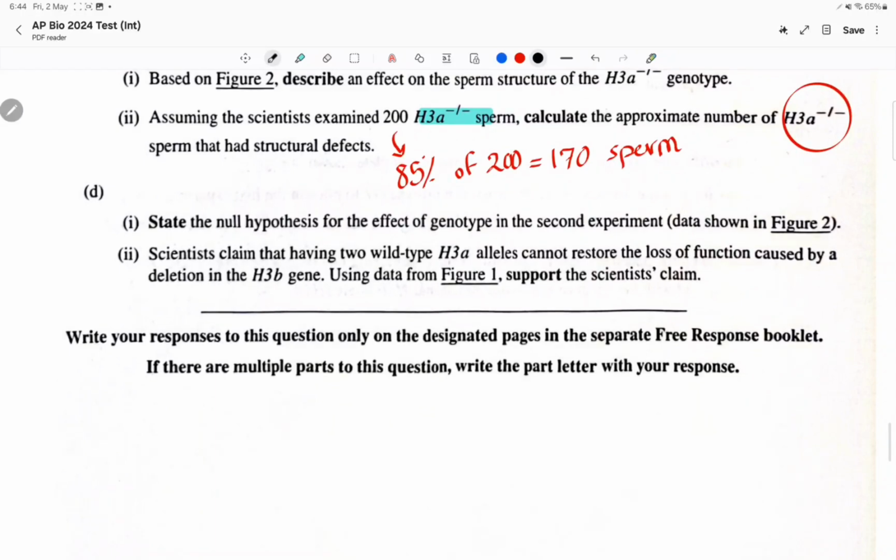DII. Scientists claim that having two wild-type H3A alleles cannot restore the function caused by deletion in the H3B. Okay. Using data from Figure 1, support the hypothesis. Two wild-type H3A, H3A plus plus, cannot restore the function caused by deletion in the H3B. So H3B minus minus.